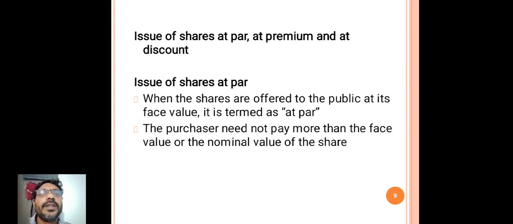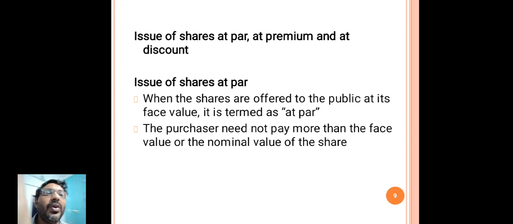So, issue of shares at par. When the shares are offered to the public at its face value, it is termed as at par. The purchaser need not pay more than the face value of the share.